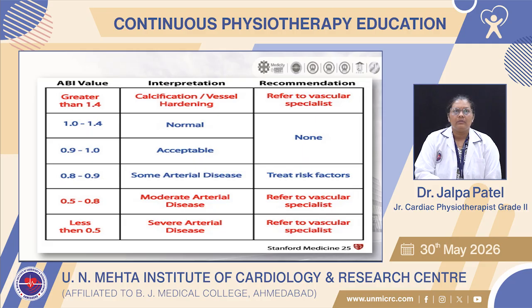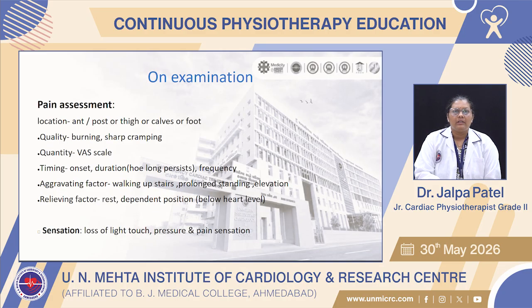If ABI value is 1 to 1.4, then it is normal. If ABI value is 0.9 to 1, then it is acceptable. If ABI value is 0.8 to 0.9, then some arterial disease occurs, and if it is lower than 0.8, moderate arterial disease or severe arterial disease occurs.